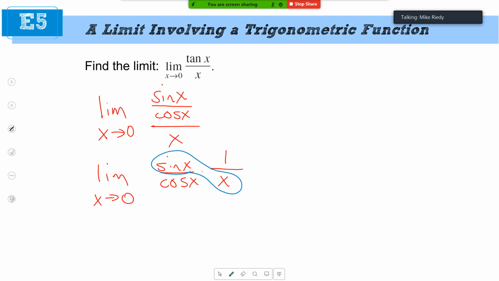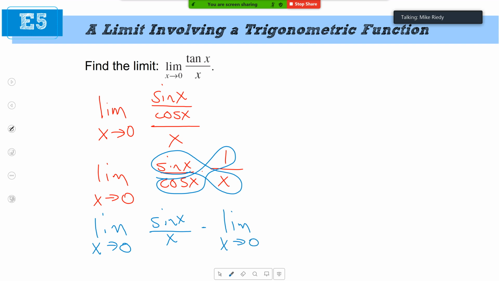Match these two guys up and match that one up. So this becomes the limit as x approaches 0 of the sine of x over x, which is legal because it's all multiplication, times the limit as x approaches 0 of 1 over the cosine of x. And that's supposed to be a multiplication, not a minus sign.